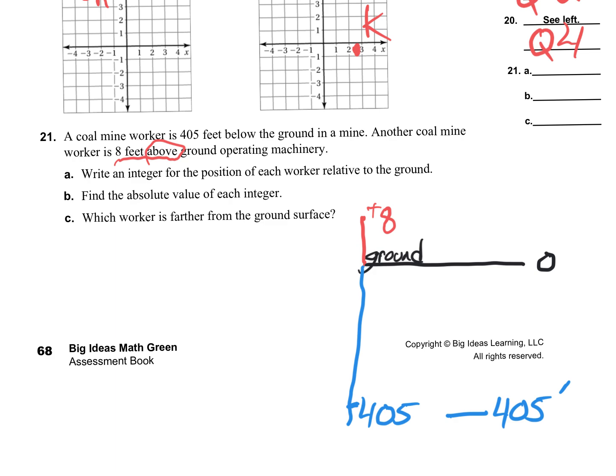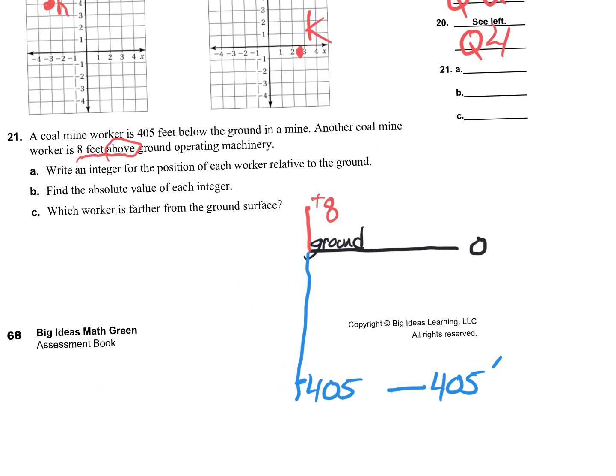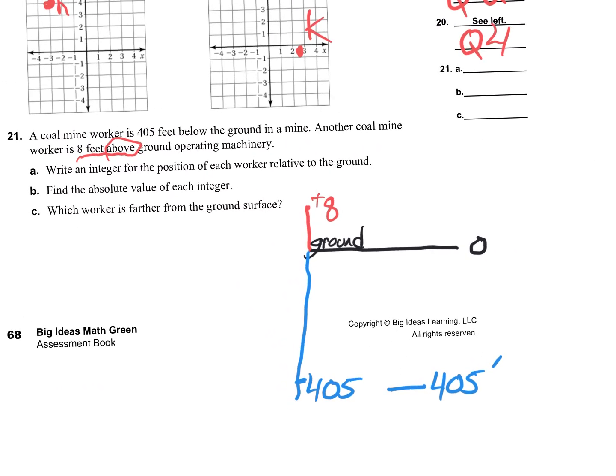So what we'll do is we'll go over here, and we're going to say the first person is -405, and the second person is 8.